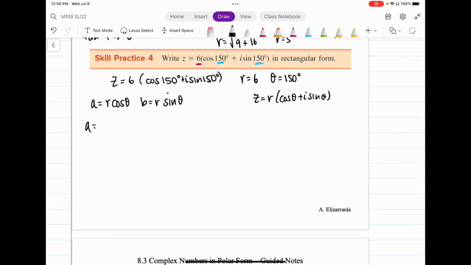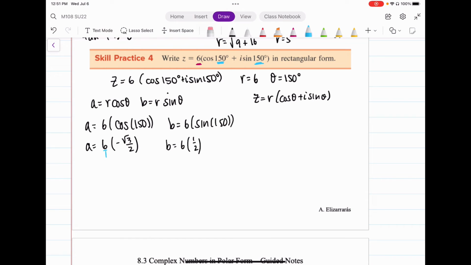a is then equal to 6 times the cosine of 150, and b is equal to 6 times the sine of 150. Using the unit circle, the cosine of 150 degrees, which is 5 pi over 6, is equal to -√3 over 2, and the sine of 150 degrees, or 5 pi over 6, is 1/2.